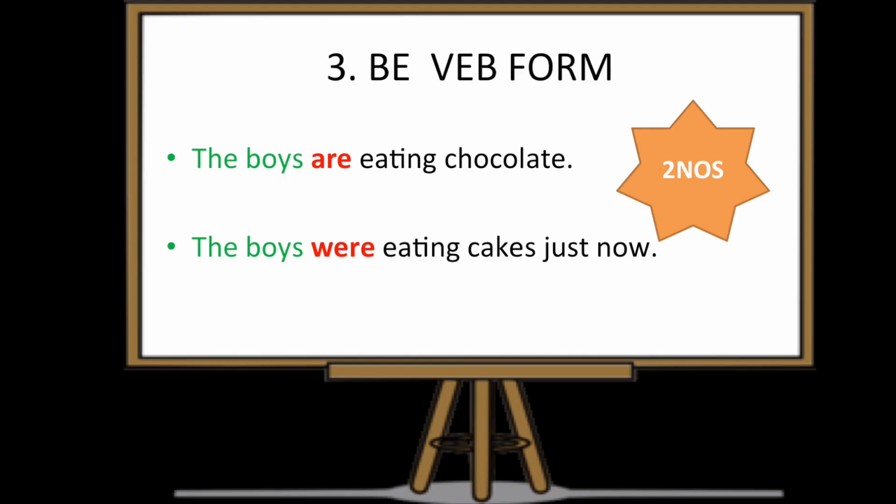And then for were, past tense, you use the boys were eating cakes just now. So boys, two, were. No S. Okay? Very good. I think you got it. By this time, you're supposed to get it already.